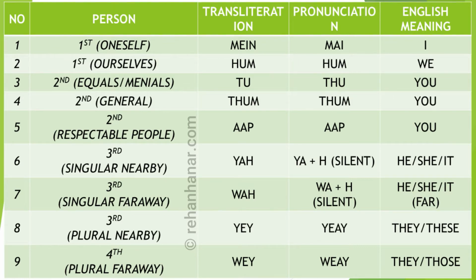Now I come to the third person. Yah. That H in yah must not be pronounced fully. Yah means he, she, or it, for the things or the persons nearby.